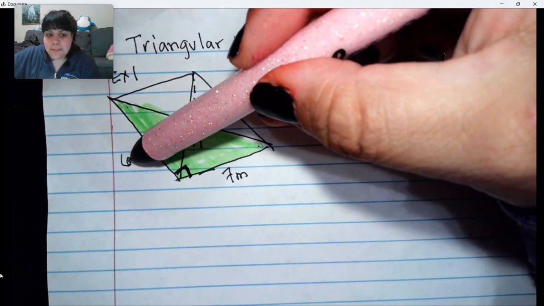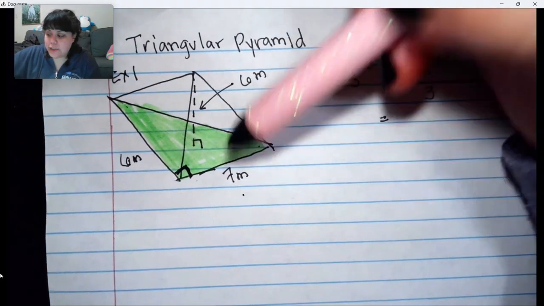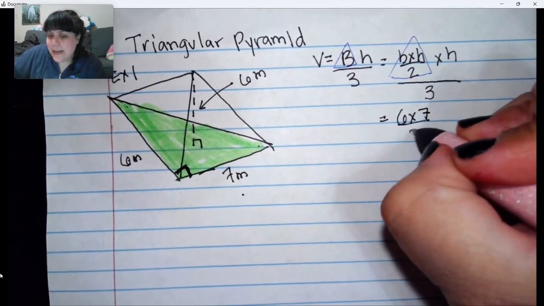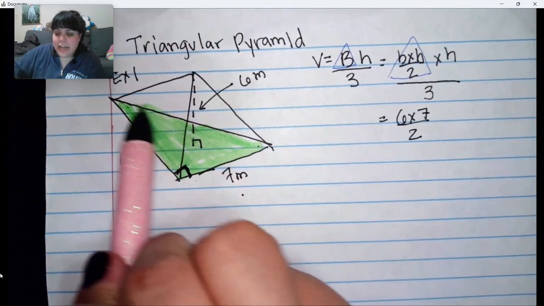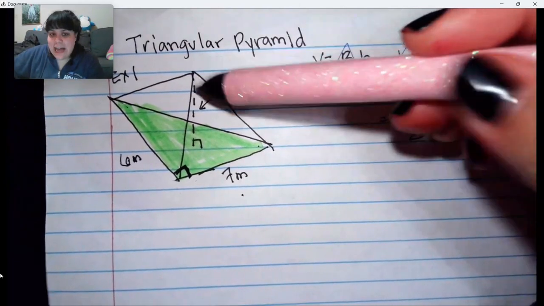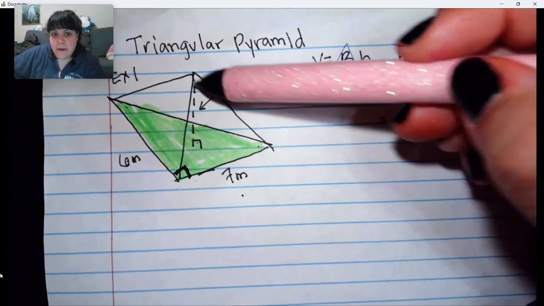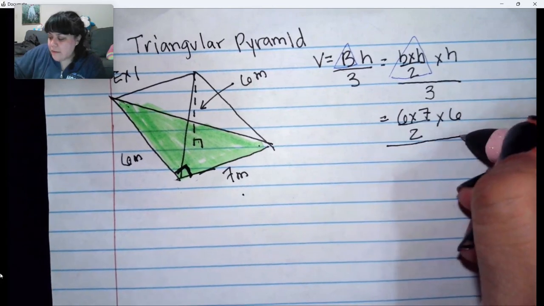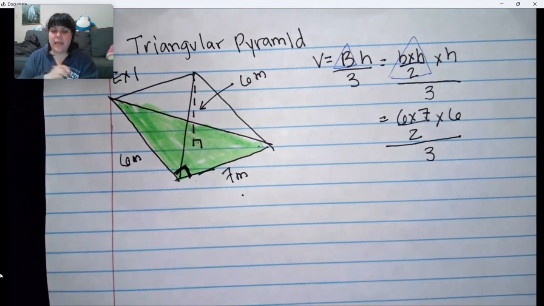So I'm going to multiply 6 times 7 for my triangle. So 6 times 7 divided by 2, that's the area for my base. I'm going to multiply that by the height of my pyramid, which is 6, and divide everything by 3.